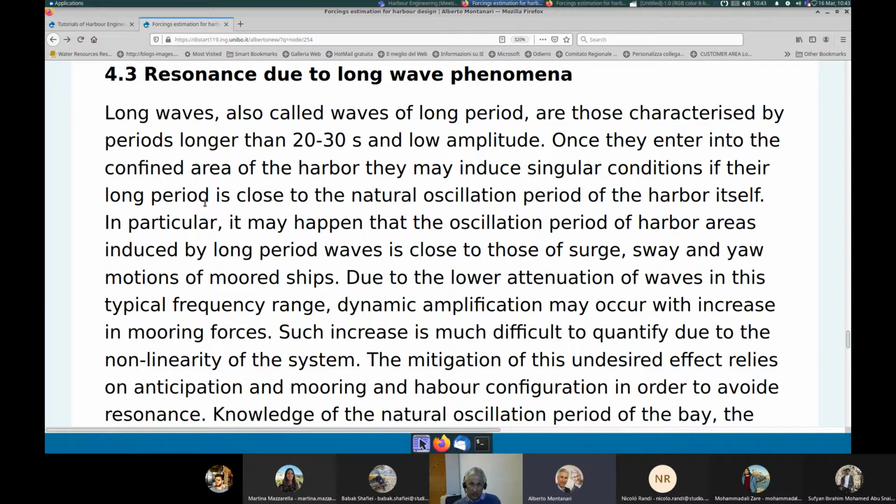The first one we already discussed: the resonance with the characteristic period of the ship. But there is a second resonance, which is the resonance with the characteristic period of the harbor, because harbor areas have themselves a characteristic oscillation period.